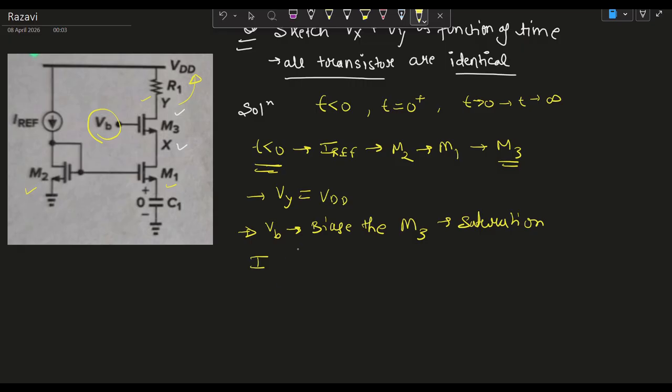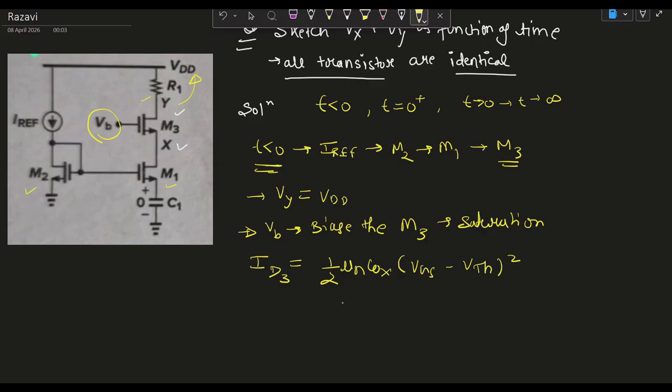We can conclude that there is no current flowing in M3 as well, but let's suppose there is a current, then that current will be the drain current ID3, which equals half mu n Cox W over L times (VGS minus VTH) whole squared. This was the saturation current, and Vbias will make M3 operate in saturation.